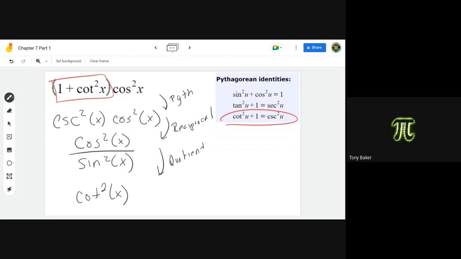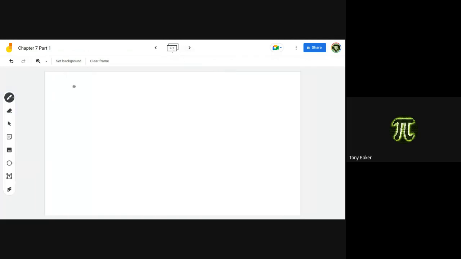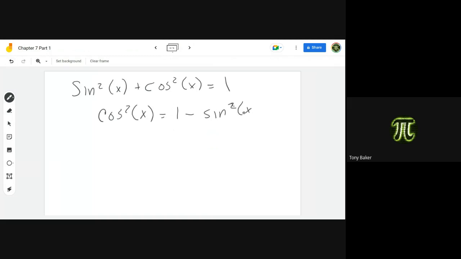Is it always going to be plus 1? For your Pythagoreans? No. If you had sine squared of x plus cosine squared of x equals 1, that's the Pythagorean identity, right? Cosine squared of x equals 1 minus sine squared of x.